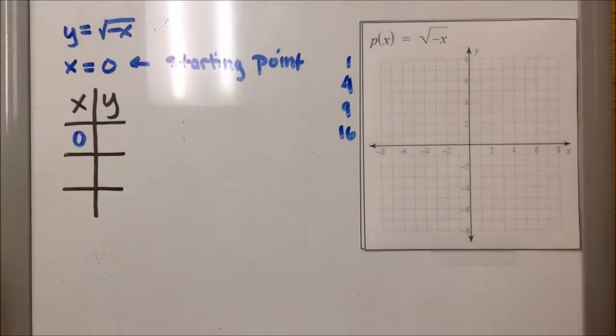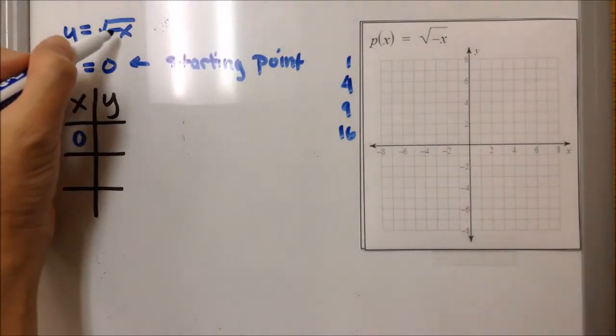But we have a situation, it's negative x, and we need to get real solutions. We can't do square roots of negative numbers and get real solutions. If you have a negative inside the square root, the radical, you would get imaginary numbers, or complex. But right now, we are focusing on real solutions.